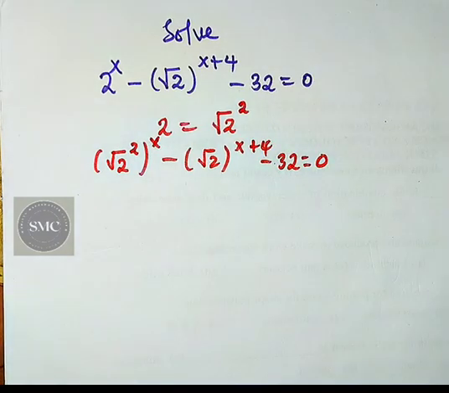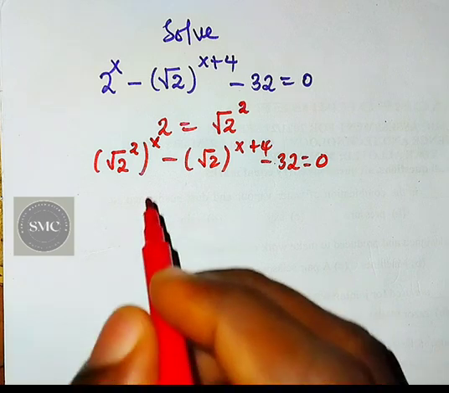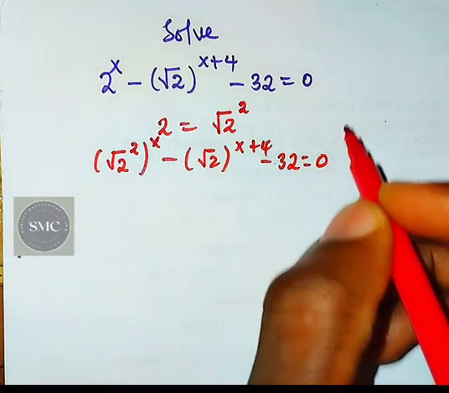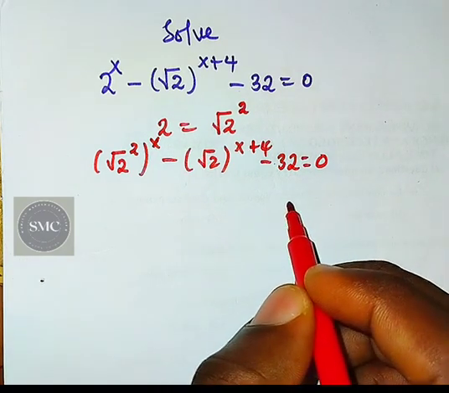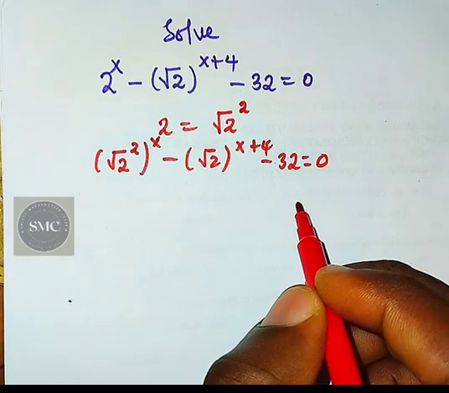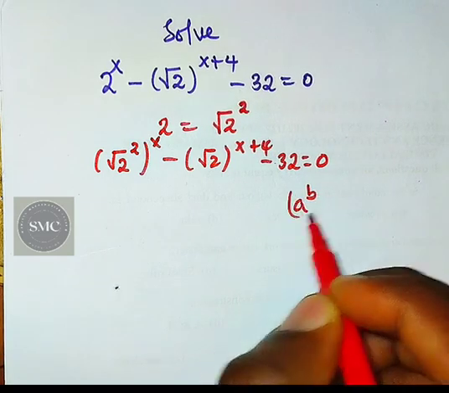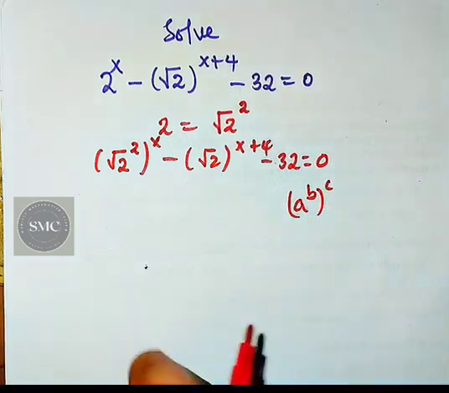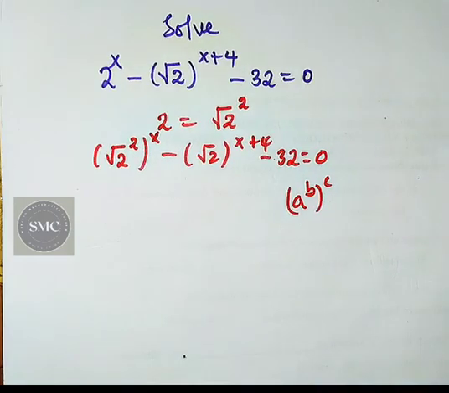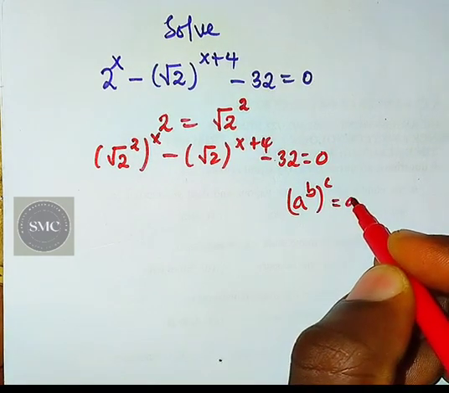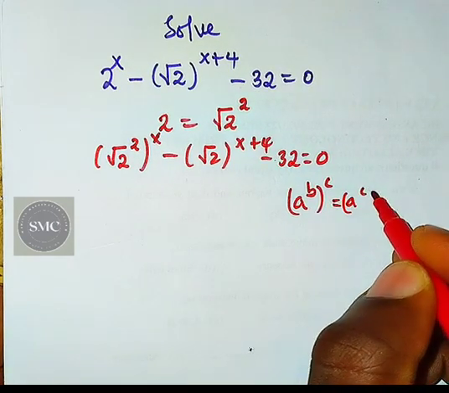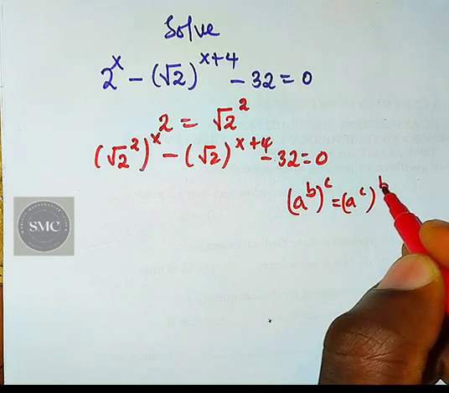So now the next thing we are going to do is use the law of indices. When you have a to the b, then to the c, you can also rewrite it as a to the power c times b.